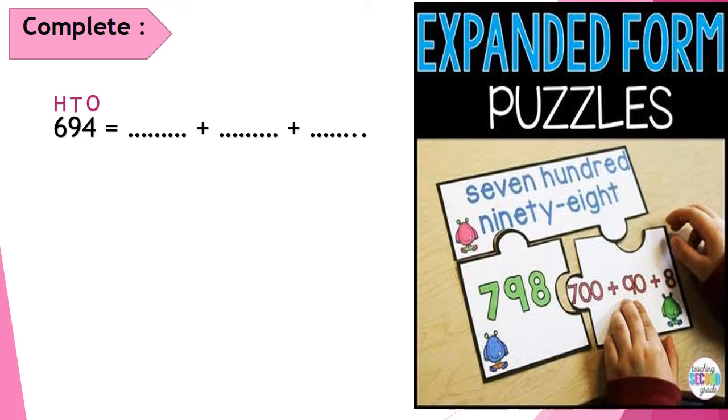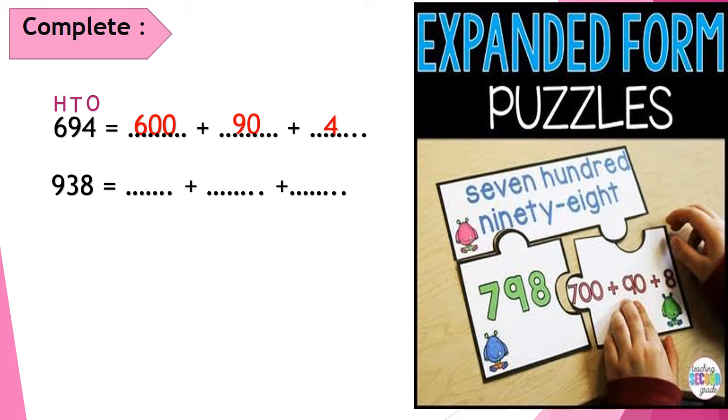So it will be 600. And we will put 1 zero to the number in the tens. So it will be 90. And we will not put any zeros to the number in the ones. So it will be 4. Then 694 equals 600 plus 90 plus 4.